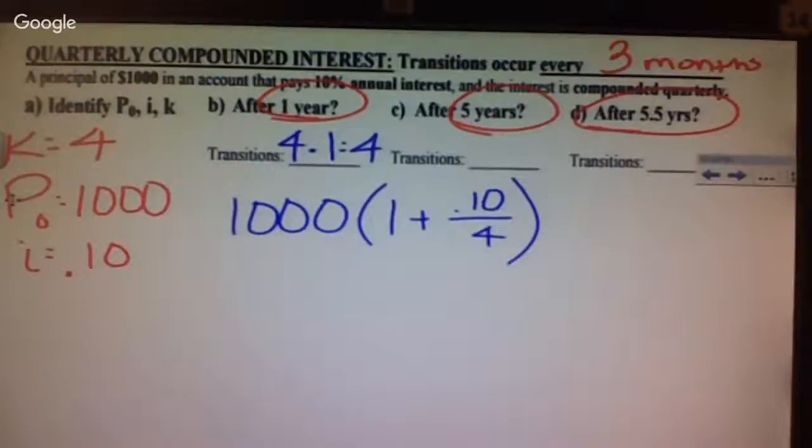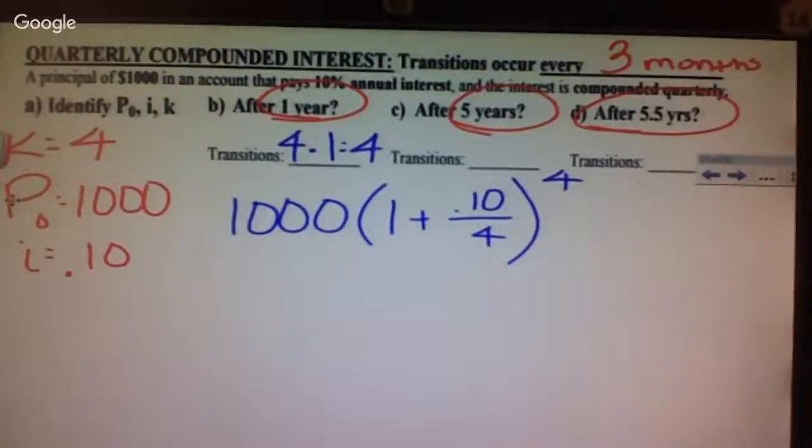So, to do the first one, we're going to raise this to the 4. Wait, so you did the 4 times a year times 1 year means I've done 4 transitions. Yes.